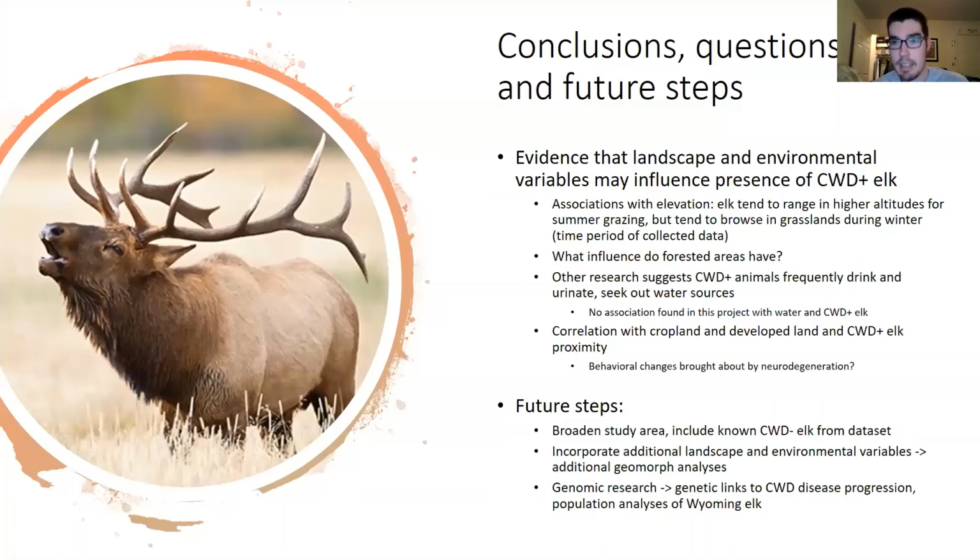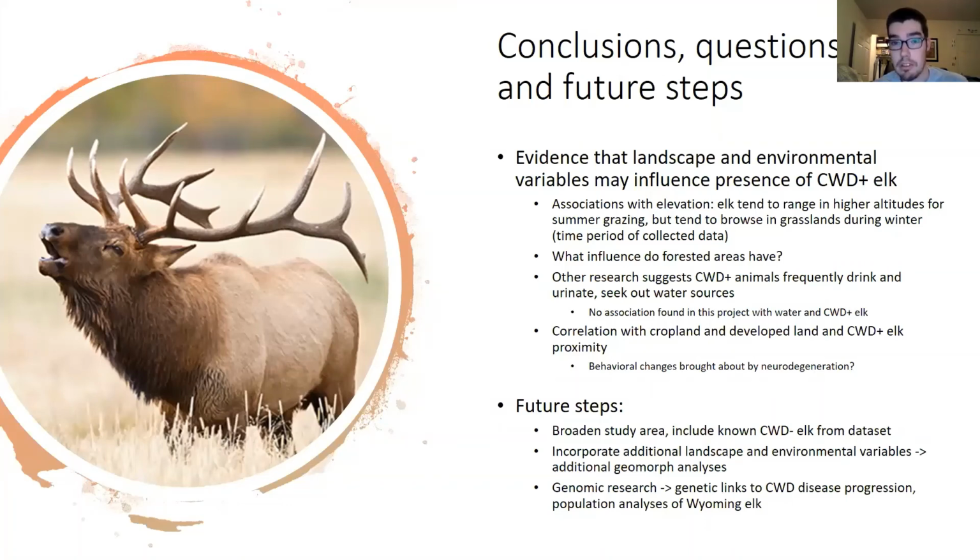It's unlikely that these variables are directly driving disease transmission, but maybe due to behavioral changes or local adaptation based on environmental landscape features, elk are behaving in different ways, which may facilitate or hurt the ability of chronic wasting disease to spread throughout populations.